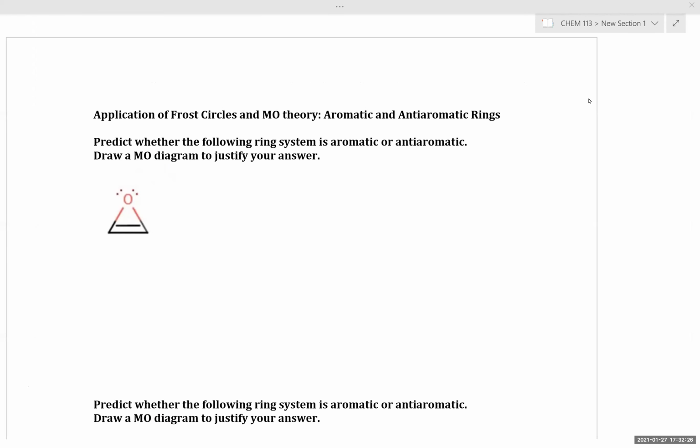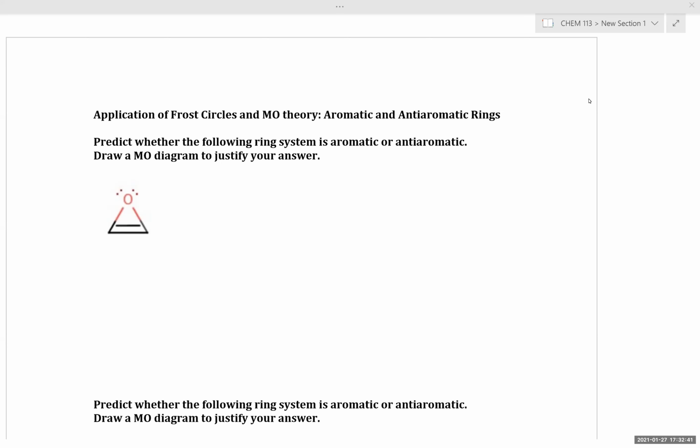So, when we last left off, we discussed aromatic and anti-aromatic systems, and we talked about the application of Frost circles to draw MO diagrams and identify aromatic versus anti-aromatic systems.